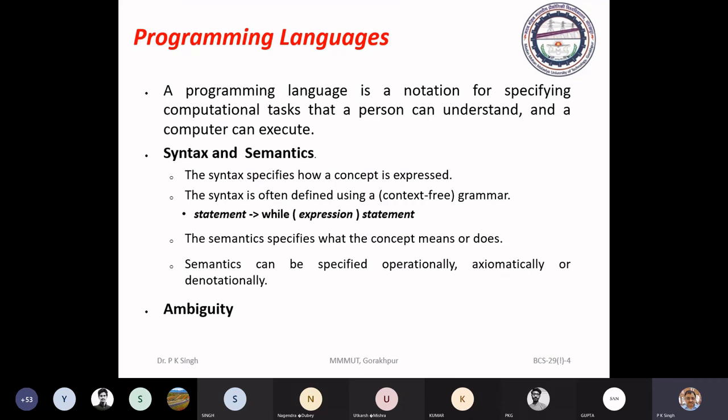Ambiguity means a particular statement produces two or more than two syntactic structures. Means you can infer two or more than two meanings. Like this, just consider, he lives in White House.